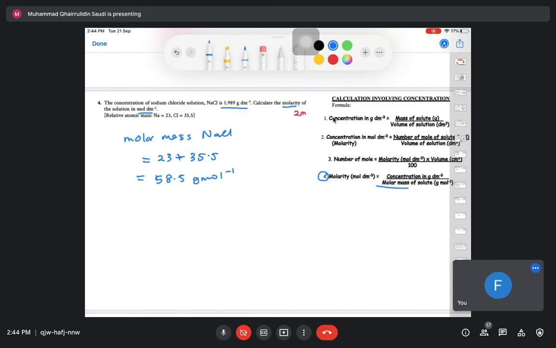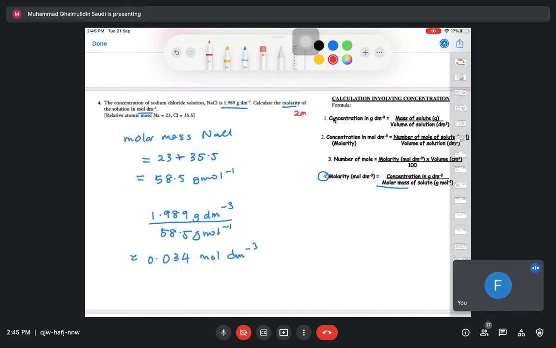Next, okay, just put in the formula, molarity will be concentration divided by molar mass. So 0.989 gram per dm cube divided by 58.5 gram per mole, and you will get 0.017 mole per dm cube.